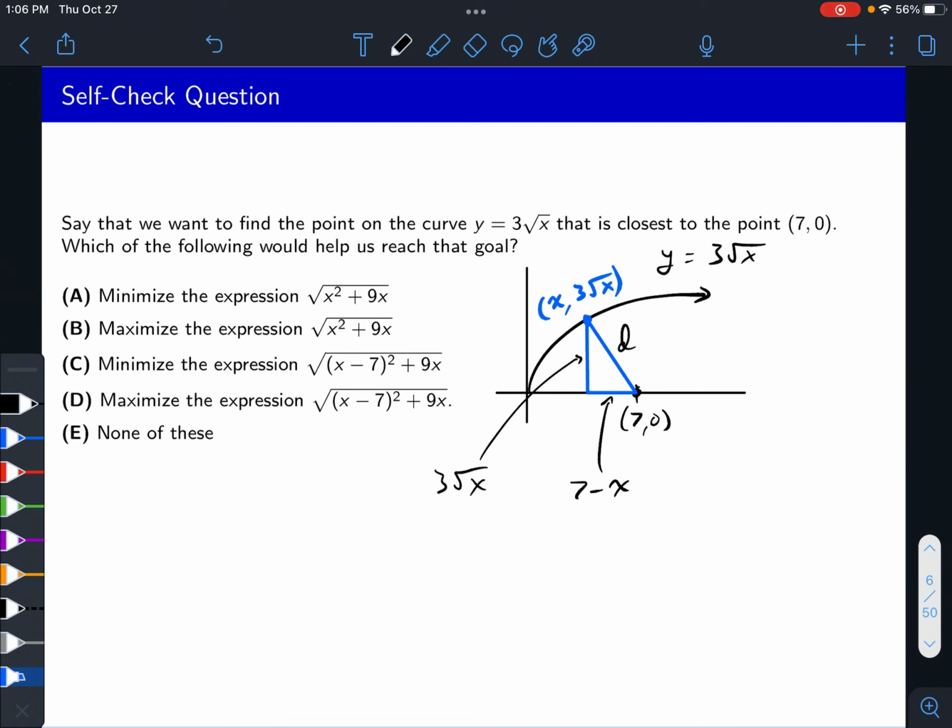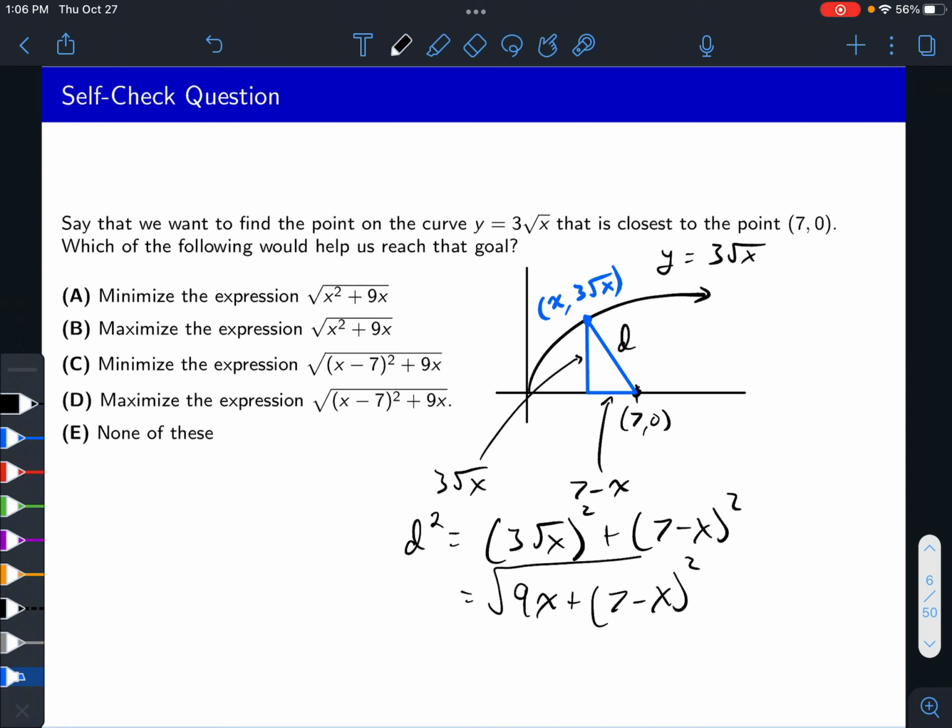And so by the Pythagorean theorem, the distance squared, d squared, is equal to (3 root x) squared plus (7 minus x) squared. So it's equal to 9x plus (7 minus x) squared.